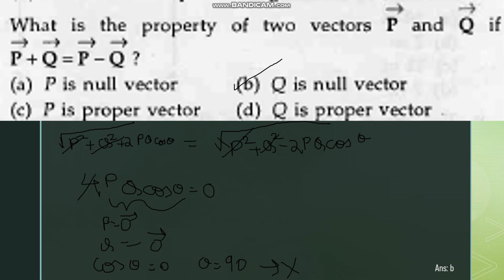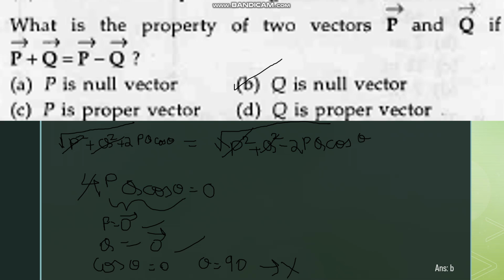So we are not sure of the value of P, whether it is null or not, but we are sure that Q is null. In the first case and in the second case, Q is a null vector. So we come to the conclusion that B is the correct option: Q is a null vector. And that's how we got the solution.